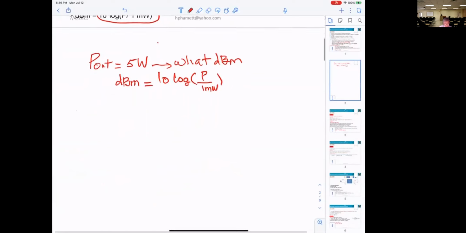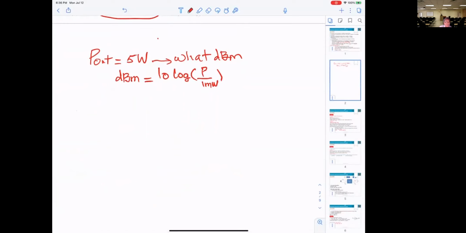P can be P in, power in, or power out. Doesn't matter.